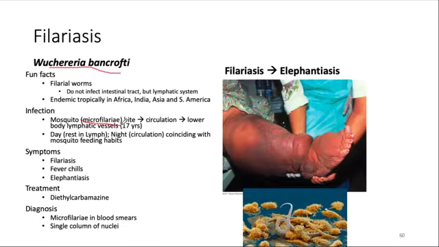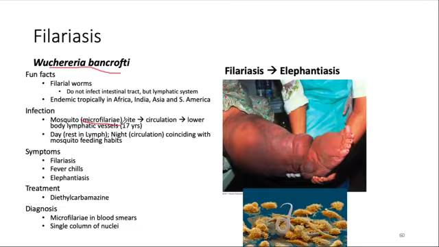They have evolved such that during the day they are not active, they just rest in the limbs. During the night they end up in the circulatory system, and when mosquitoes feed on the blood of individuals during the night, they pick up these worms, and then transmit them to the next person they bite.